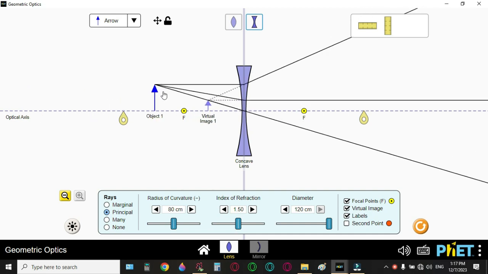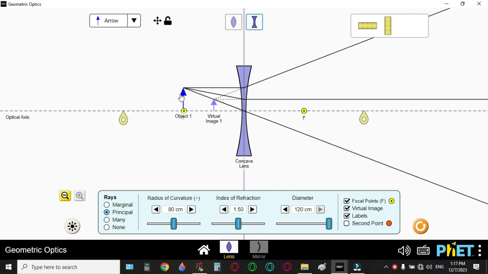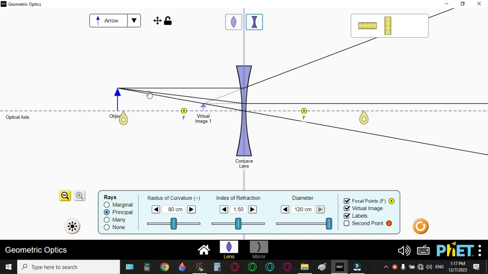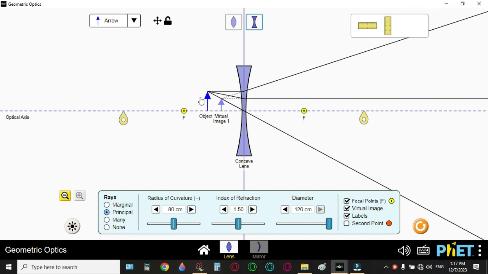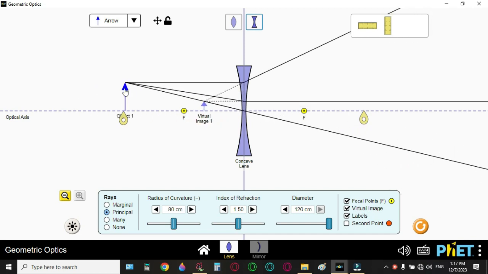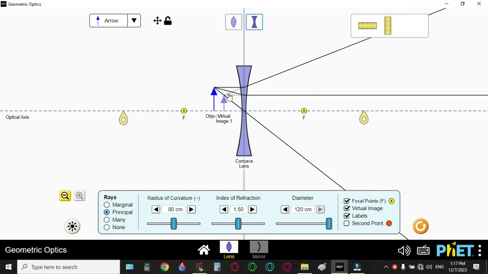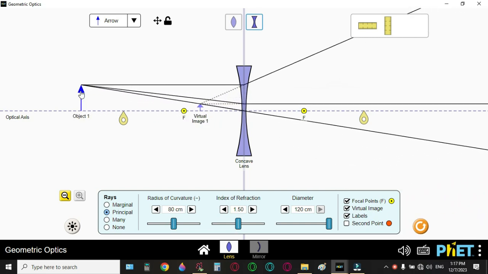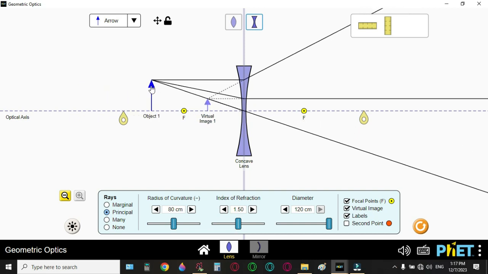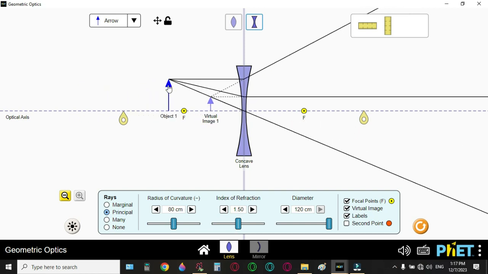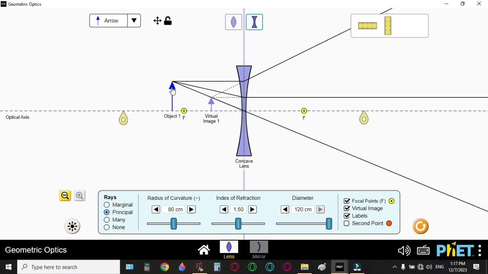In concave lenses, at all points, there is always a virtual image. In concave lenses, the image is always located at the same side where the object is located.